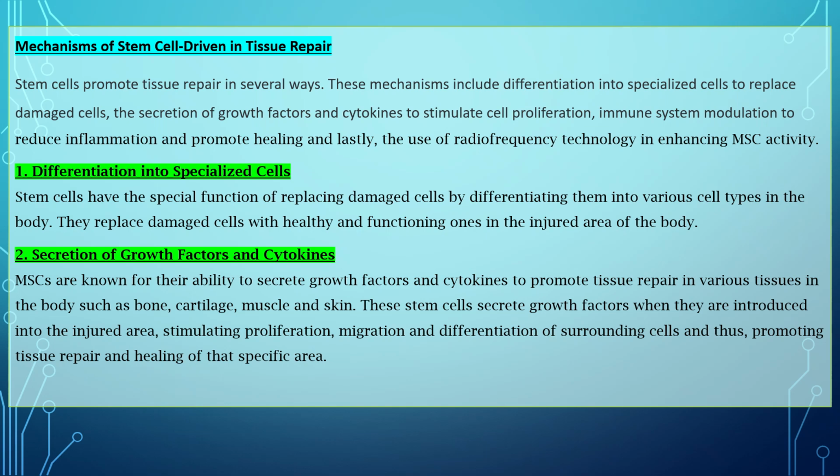They also support the extracellular matrix remodeling, which accelerates wound healing. The tissues that benefit from this process of secretion of growth factors and cytokines include bones, cartilage, muscle, and skin.